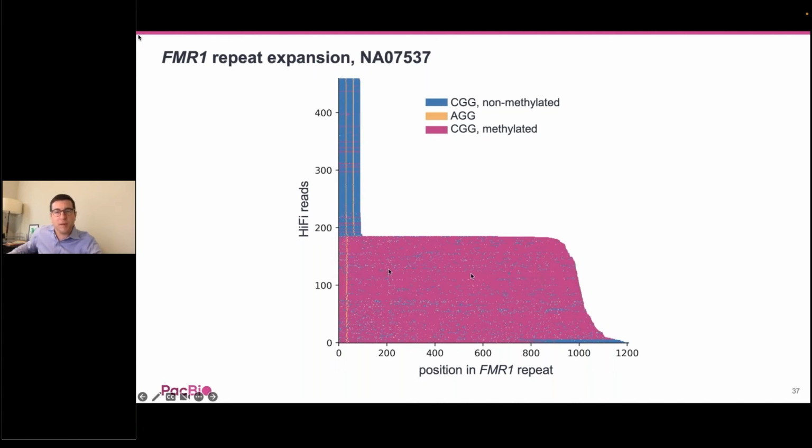But when you have the expanded alleles, they are all heavily methylated. So here with HiFi reads, you're able to read through these repeat expansions, see their full sequence. You can see CGGs and where there are AGG interruptions, and then you can see the methylation status with the expanded allele being highly methylated, and some of the short alleles being methylated as well, but it being much less prevalent.